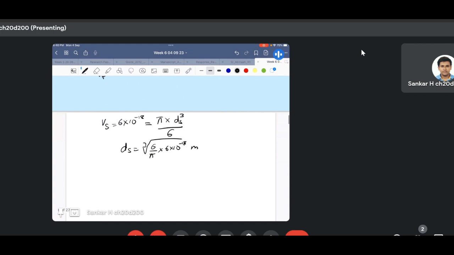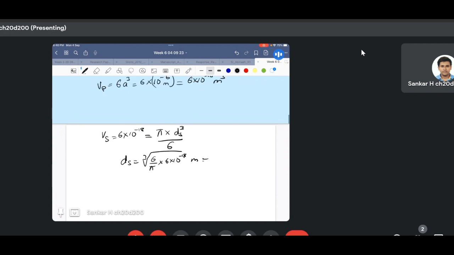Let this be the diameter of the sphere with the same volume as that of the particle. In fact, you will get this value as 1.24 into 10 raised to minus 6 meter.